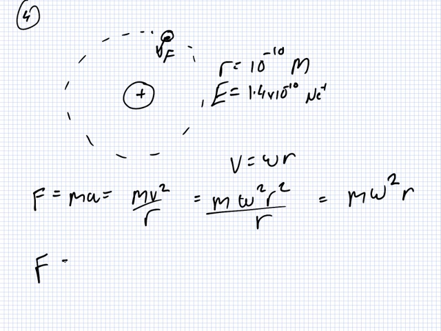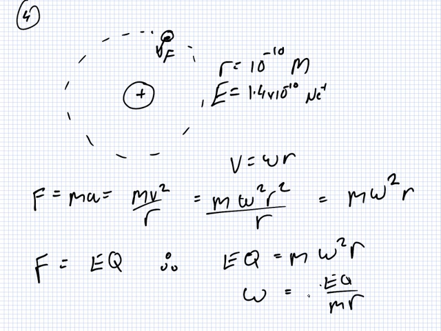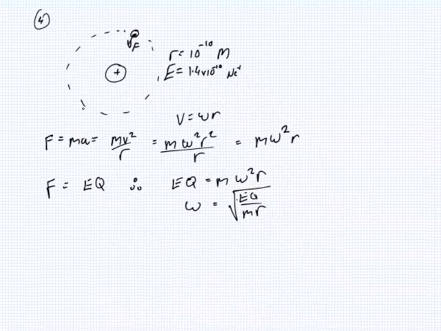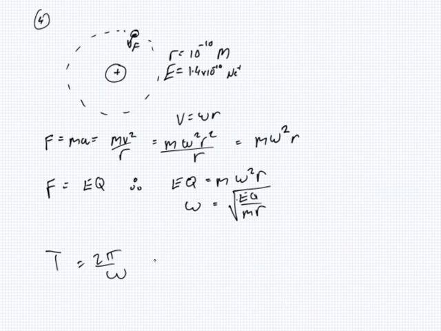So you also know that F equals EQ. So therefore, EQ equals m omega squared r. So that means omega is the square root of EQ over m r. Why do I care about that? Because you know that T equals 2 pi over omega. So that will equal 2 pi root the mass times the radius over the field strength times the charge.